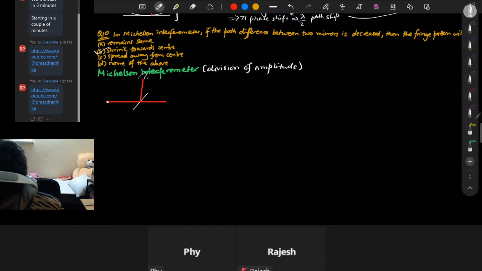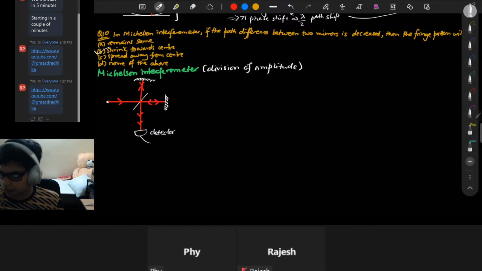And then we have mirrors. There's a mirror over here, there's a mirror over here. So the ray which is coming in, part of it gets transmitted, part of it gets reflected, and then from the mirrors it gets reflected back again. It combines at the beam splitter, and then gets reflected from the beam splitter and detected at a detector. So this is the very simple setup for Michelson interferometer.